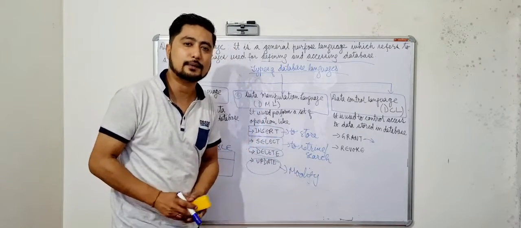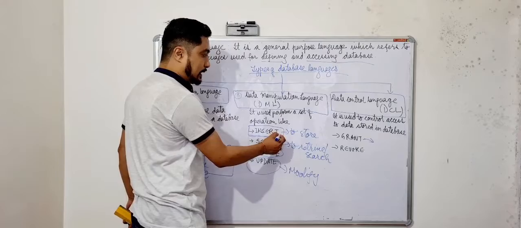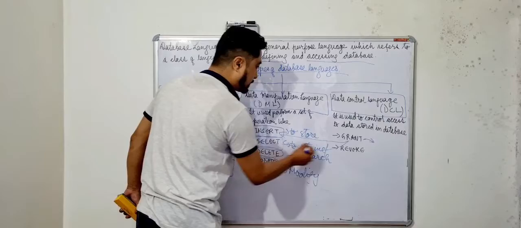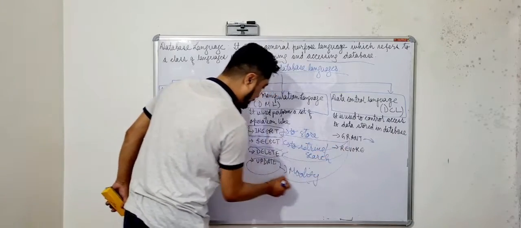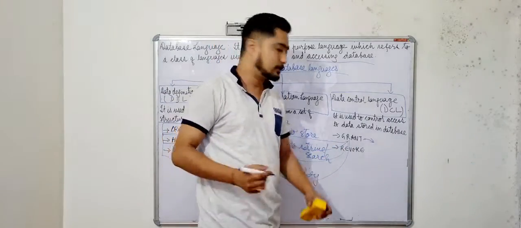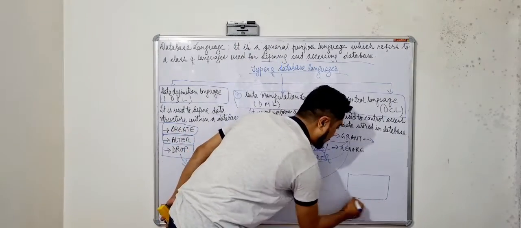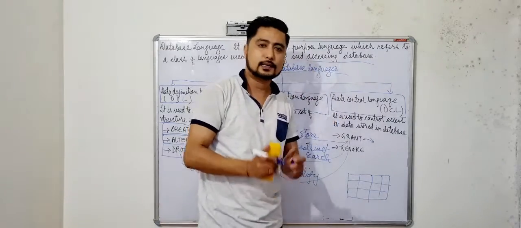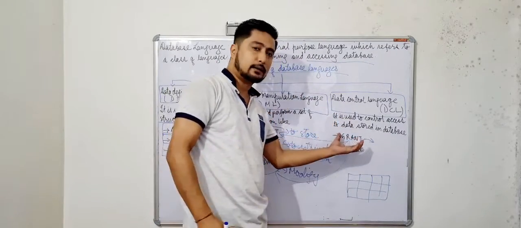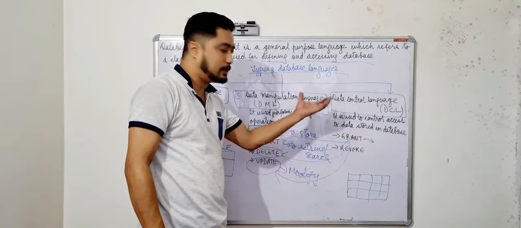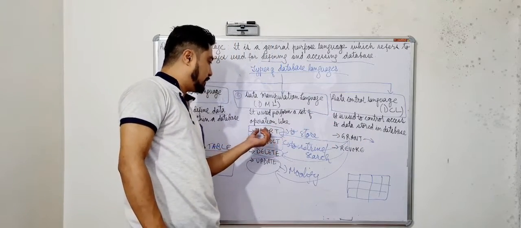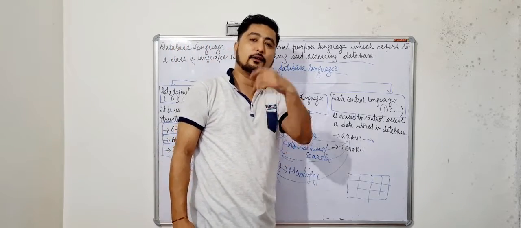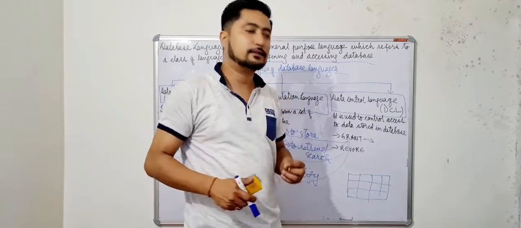And what are the types of permission? The permissions are these: insert is one permission, select is one permission, delete is another permission, and update is another permission. After creating the database and the table, there are many values stored in the table. If the database administrator gives the permission to insert the value, then only the user can insert the values into the table.